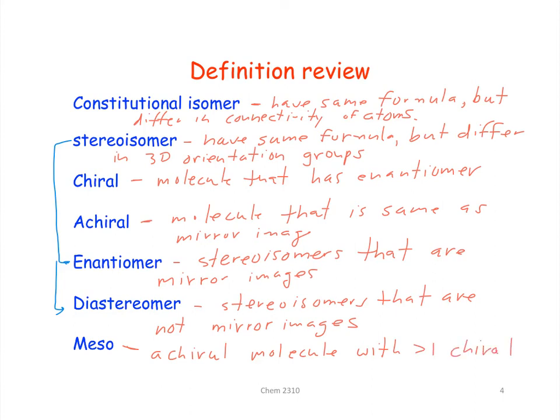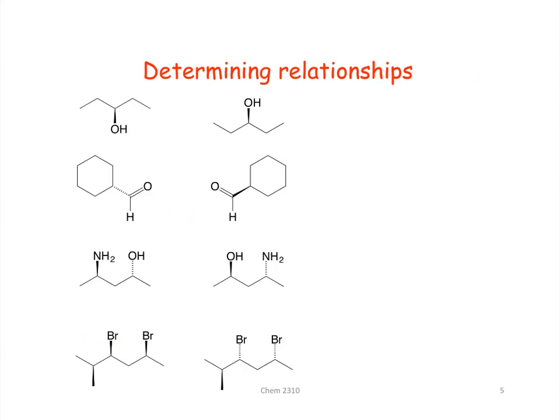Other achiral molecules most commonly won't have any chiral centers, right? But you can have achiral molecules that have chiral centers, and those are called meso. All right? So let's look at different molecules and see if we can determine what relationships they have.